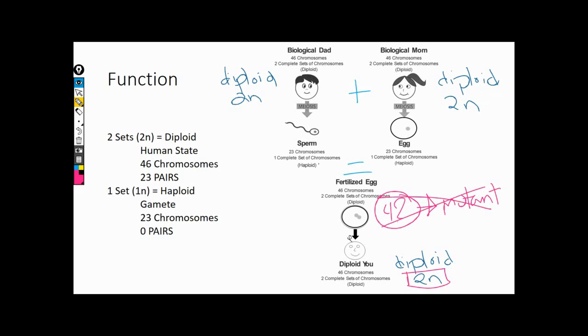So the other goal of meiosis is to make these haploid gametes. My egg is haploid. Remember, haploid, literally think half. It has one copy of everything.